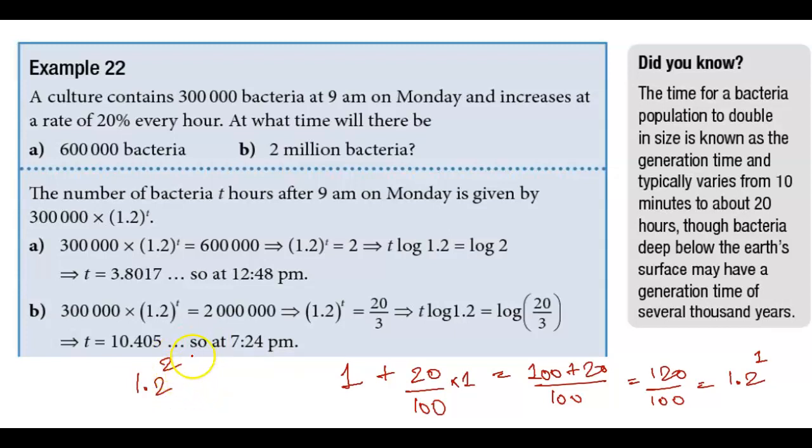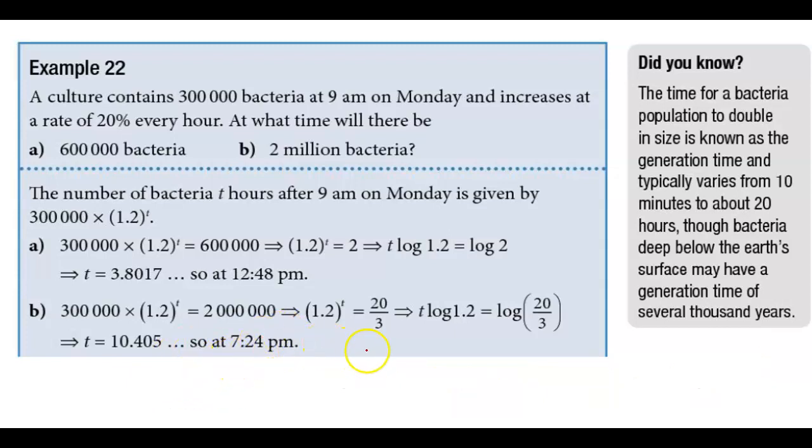Initially it was 3 lakh. After 1 hour it will be 3 lakh into 1.2 raised to power 1. In the second hour, 1.2 raised to power again 1, right? In the third hour, 1.2 raised to power again 1, right?